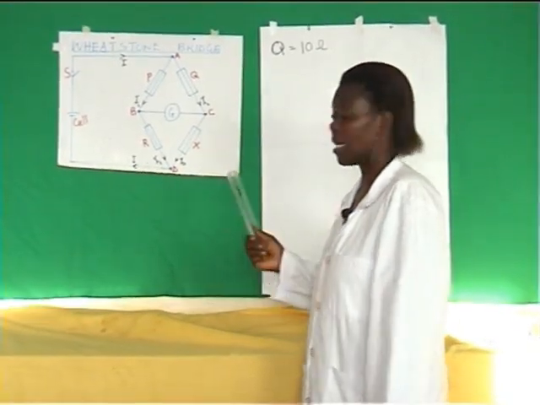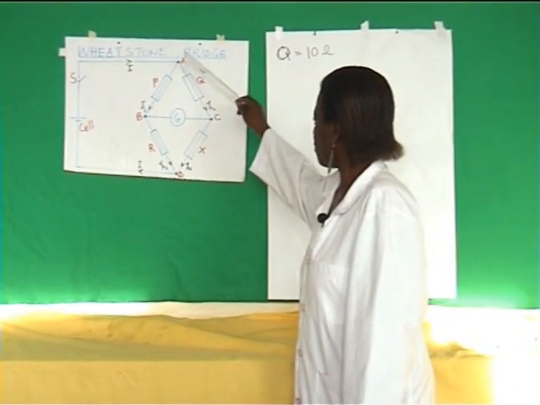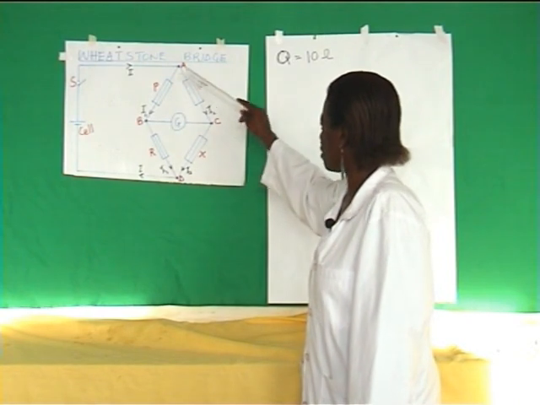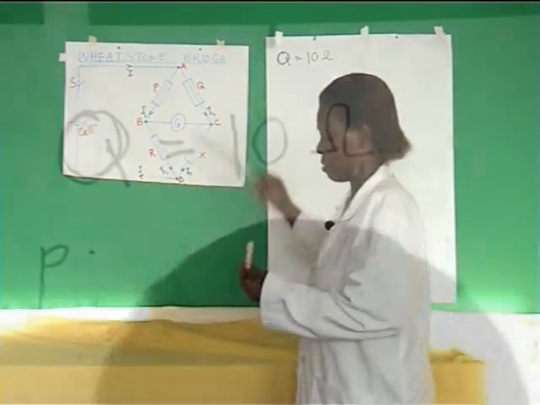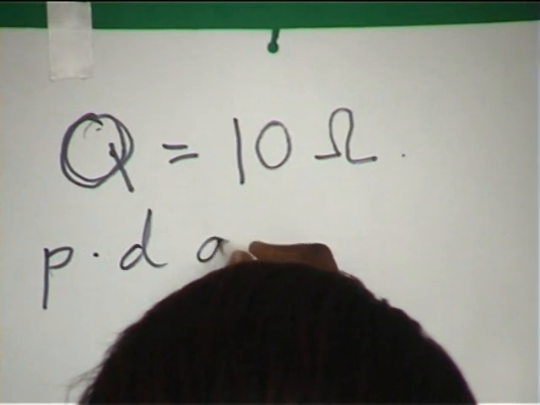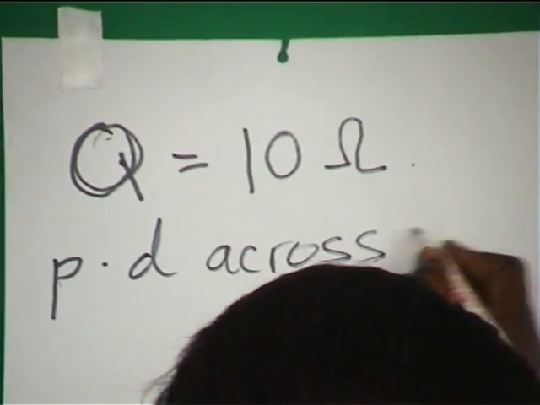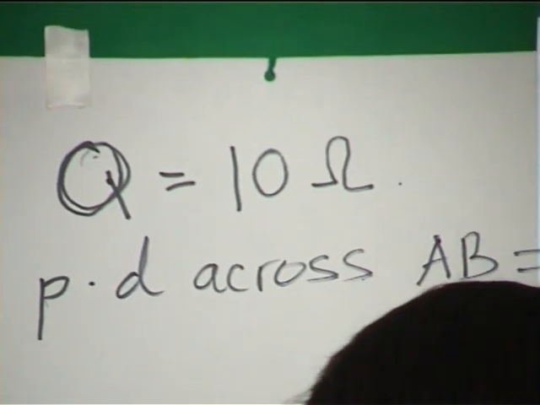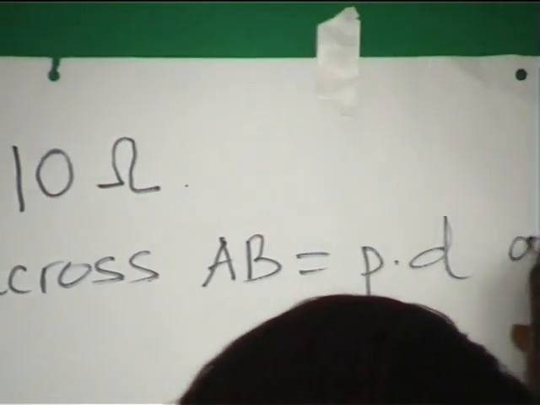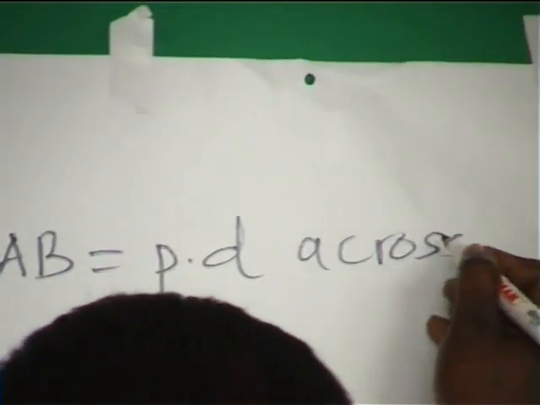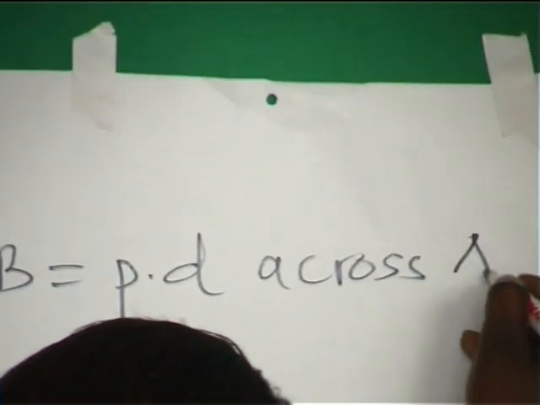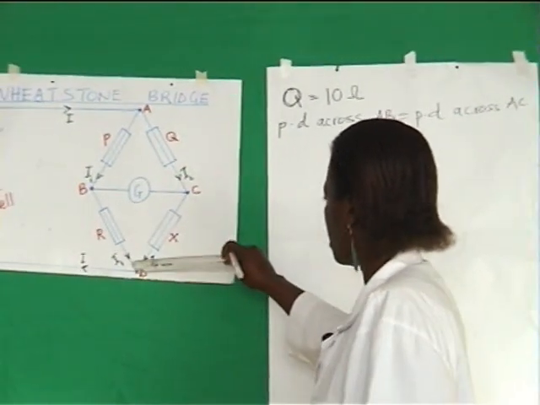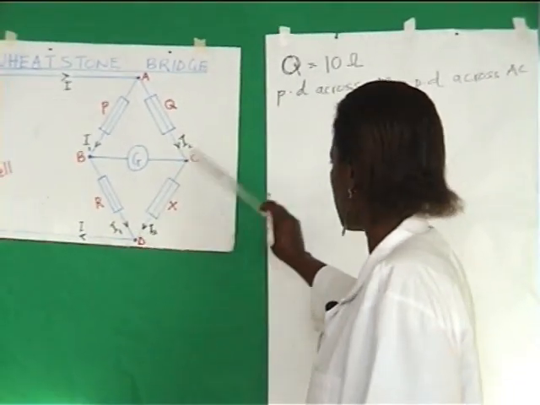Then, from the circuit diagram, the potential difference across AB is the same as the potential difference across AC. And again, the potential difference across BD is the same as the potential difference across CD.